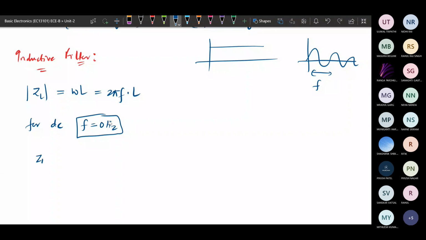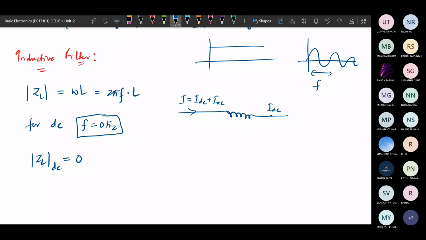That means for DC, the resistance offered by the inductor will be equal to 0 because the frequency is 0. So if a current is flowing that has a DC value plus an AC value, and it is passed through an inductor, at the output we will get only the DC, because for DC the resistance offered by the inductor is 0.